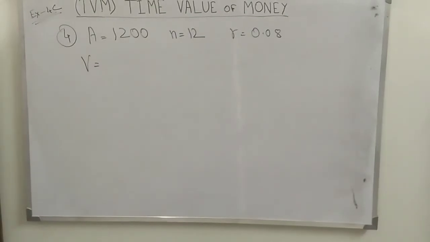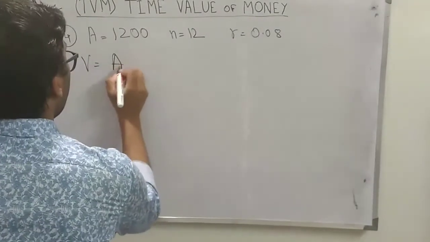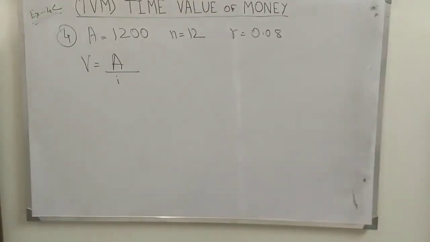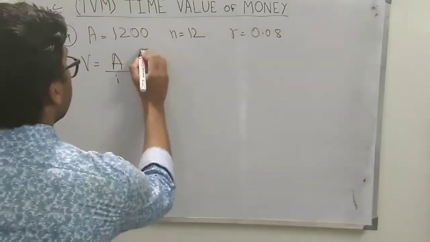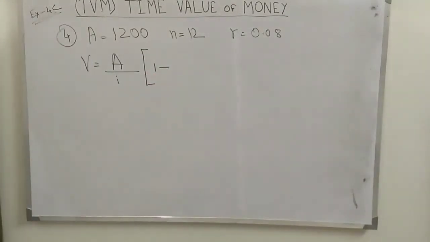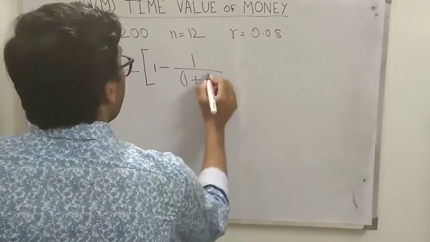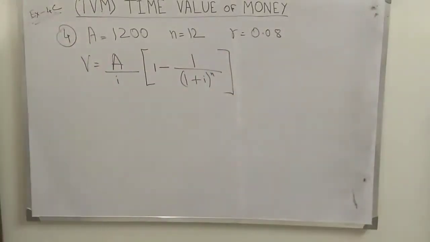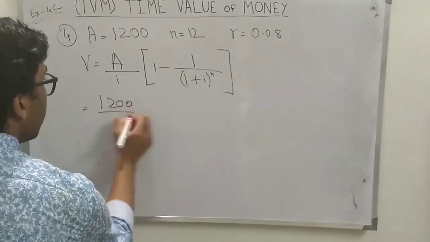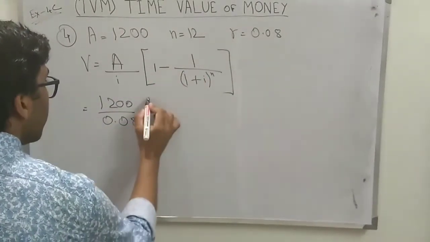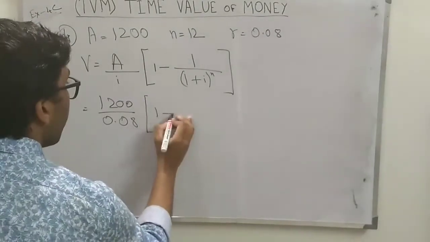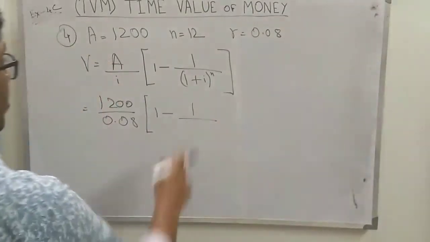V is equal to A by I, third bracket, 1 minus 1 by 1 plus I to the power n. Using this formula, the value of V is to be calculated. That means 1200 divided by 0.08, 1 minus 1 by 1 plus I to the power n.